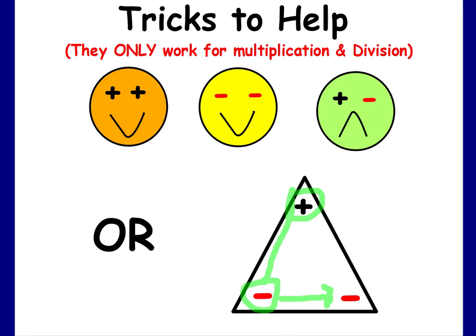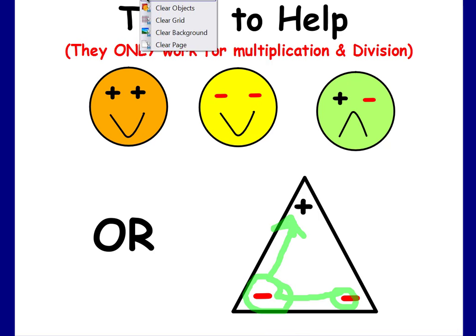Try it the other way. If we have a negative and we multiply or divide by another negative, then our answer is positive. Okay. So these are little tricks that will help you out.